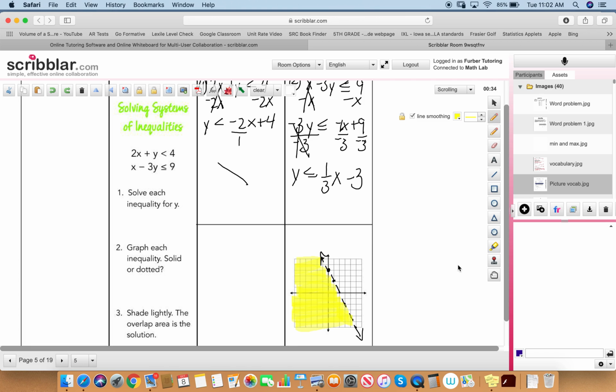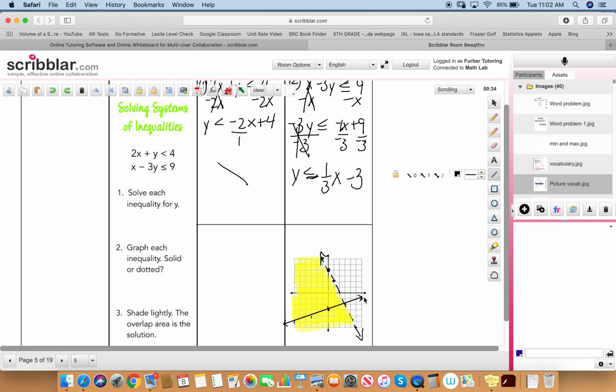Okay. And then we're going to go to the second line and graph that one. So this one has a y-intercept of negative 3, so down here. And it's got a positive slope. It's up 1 to the right 3, up 1 to the right 3, and then the same thing going downward. Down 1 to the left 3, down 1 to the left 3. And this one says or equal to, so that means this one's going to be a solid line.